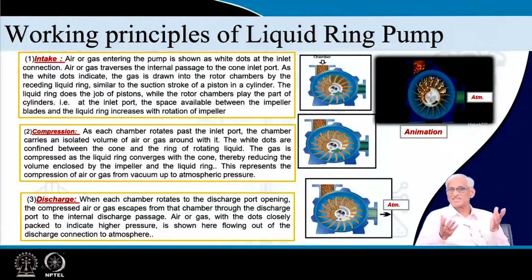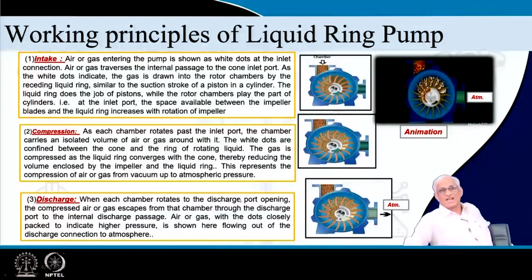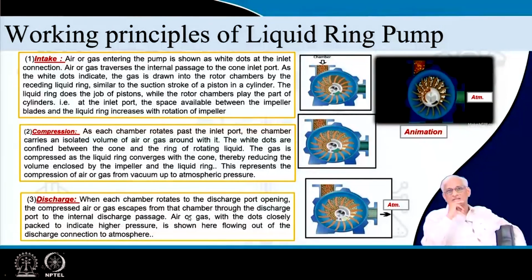The main advantage is that a simple smooth rotary pump is acting like a piston and cylinder. The rotor chamber which is receding and proceeding is acting like a piston, and the liquid ring is acting like a cylinder.